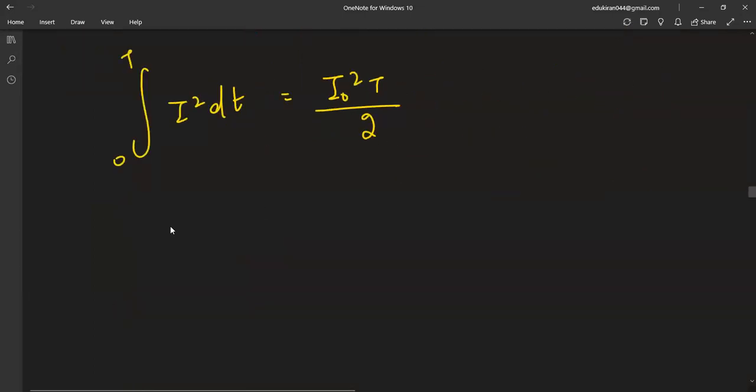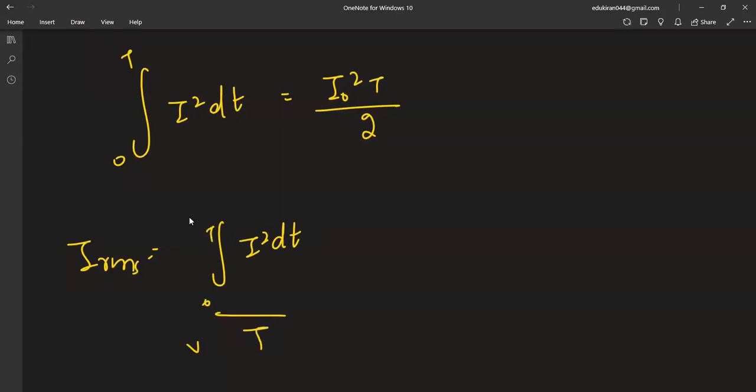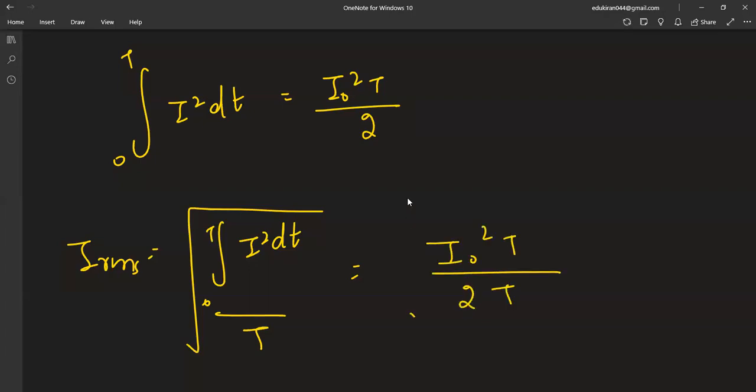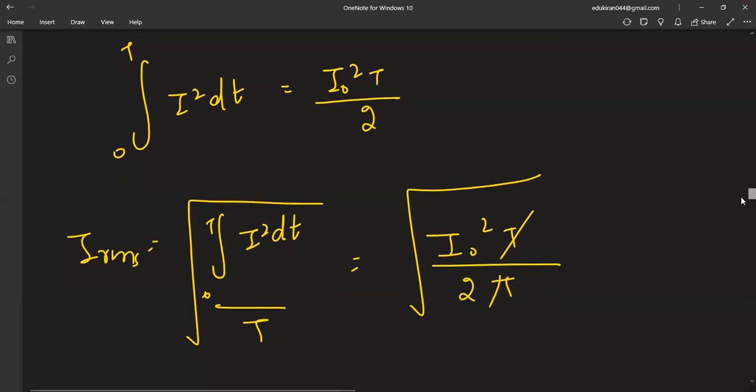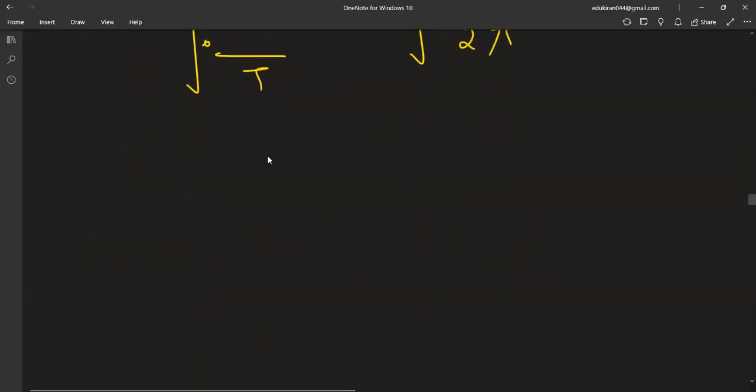But what was our mean square formula? Remember, at the start of the class, I square dt from 0 to T divided by T, under root. It means this is I naught square T by 2T, under root. T gets cancelled. So we are left with IRMS equal to I naught divided by root 2.